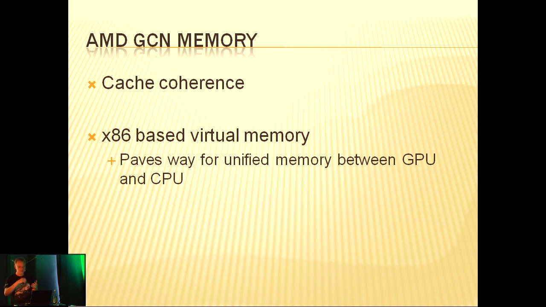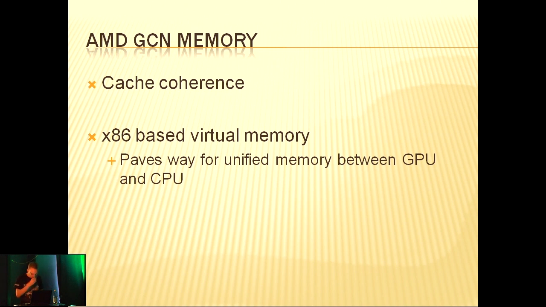Previous architectures had to rely on programmers explicitly pushing the modifications in memory into main memory so that other CUs would see them. Now it's handled for the programmer, so the programmer doesn't have to do anything. It really simplifies the way development is done.